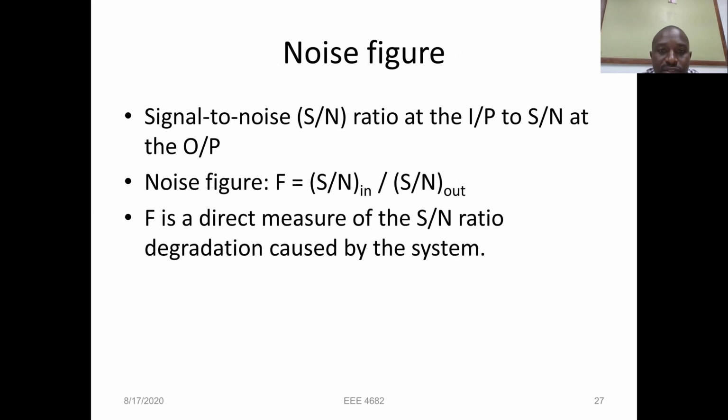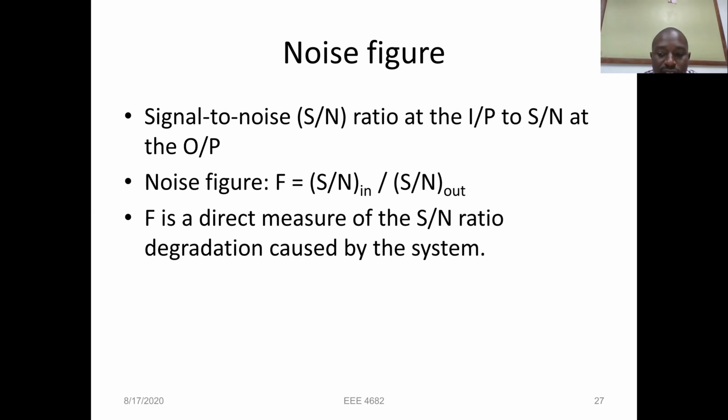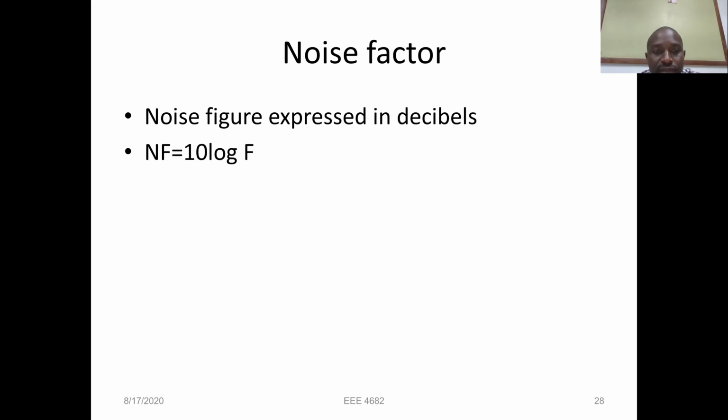Then the noise figure, which is denoted by the letter F, is the ratio of the signal to noise ratio at the input to the signal to noise ratio at the output. F is a direct measure of the signal to noise ratio degradation caused by the system.